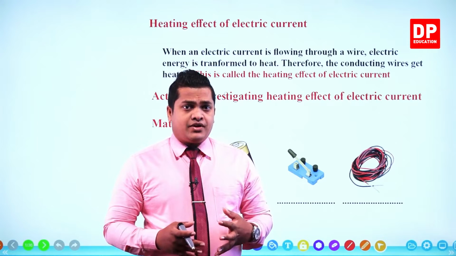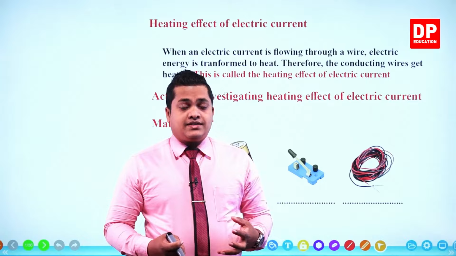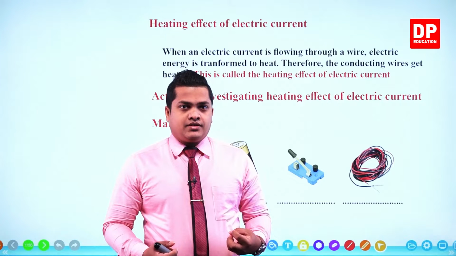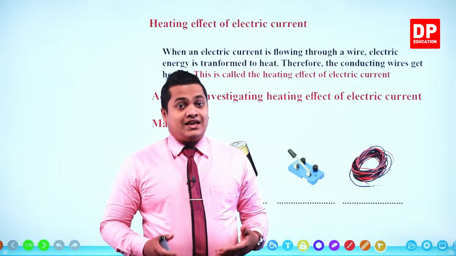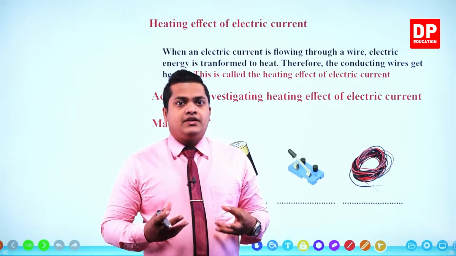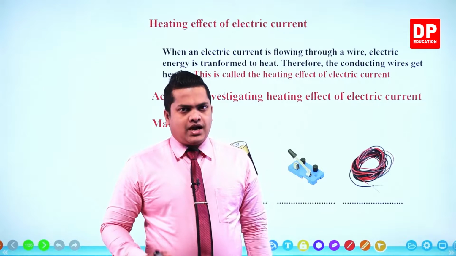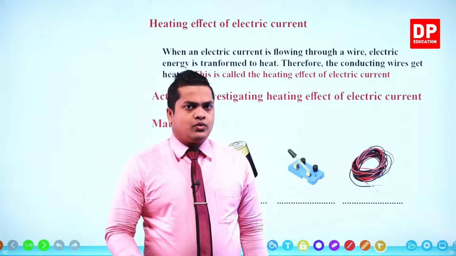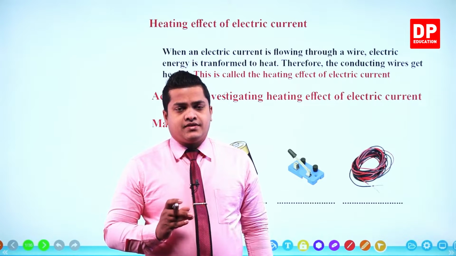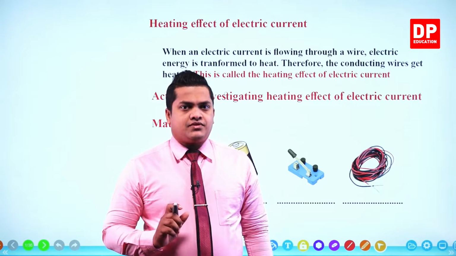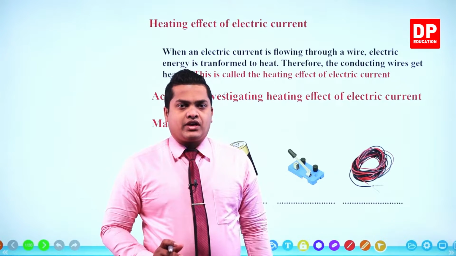As the filament of the bulb gets extremely heated, due to that heat energy, like in our sun, it also emits light. That's how a filament bulb works. That's why the glassy surface of a filament bulb heats up very quickly.